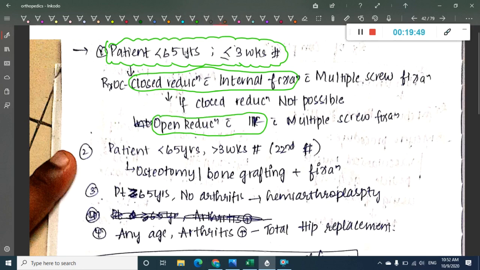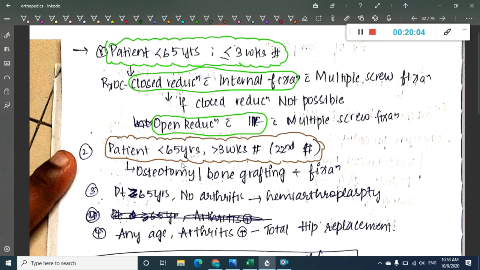That is if the patient is less than 65 years. The second example is if the patient is less than 65 years, but the fracture is more than 3 weeks old.